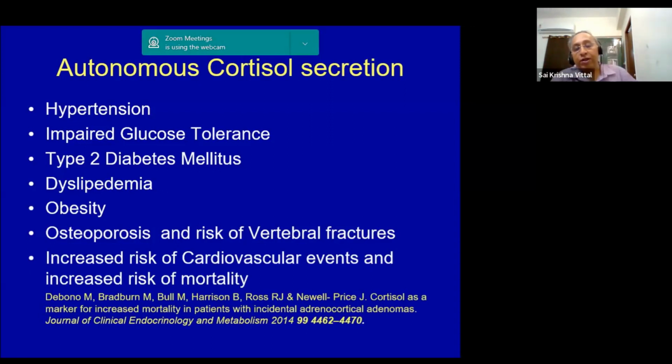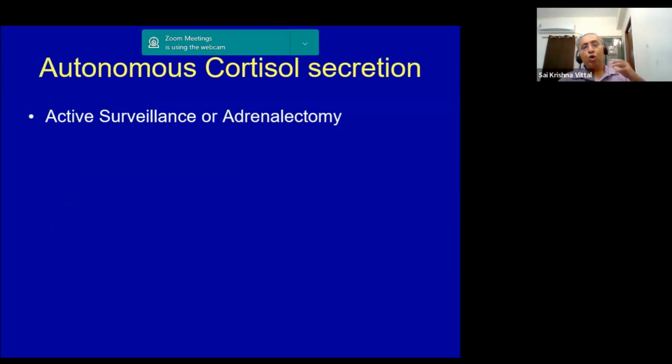There are some studies that say that because of all these, there is an increased risk of cardiovascular events and increased risk of mortality. So what do you do when you have an autonomous cortisol secretion? The first point you should note is, do all cases of autonomous cortisol secretion progress to Cushing syndrome?